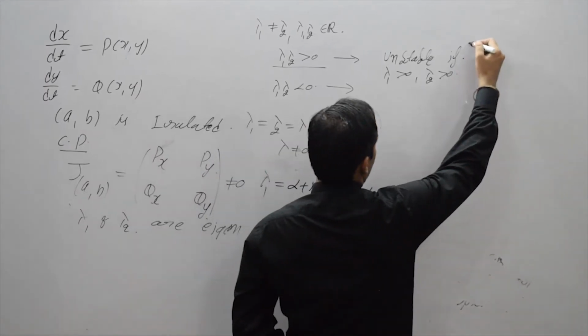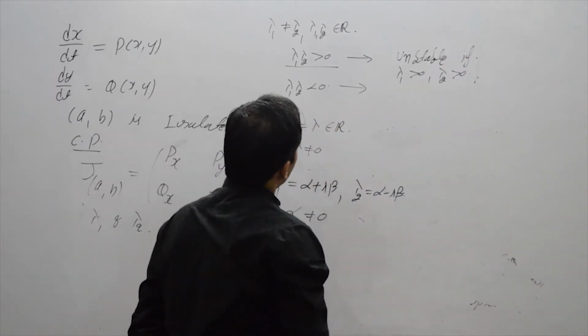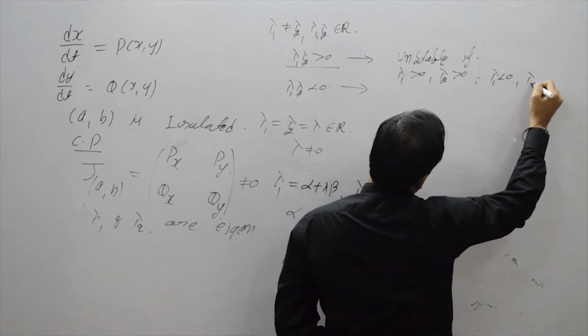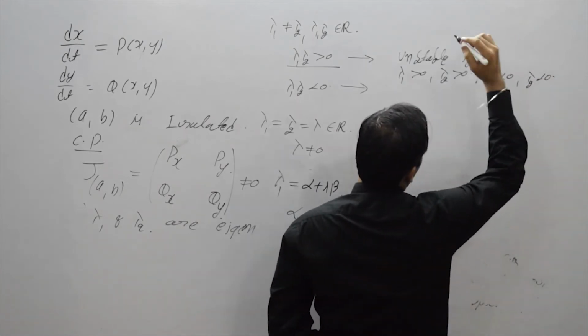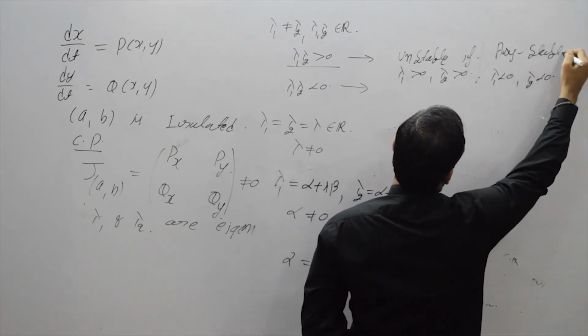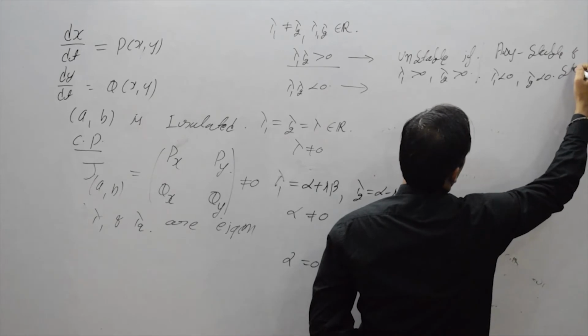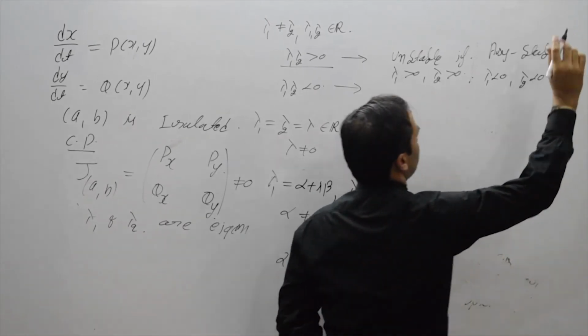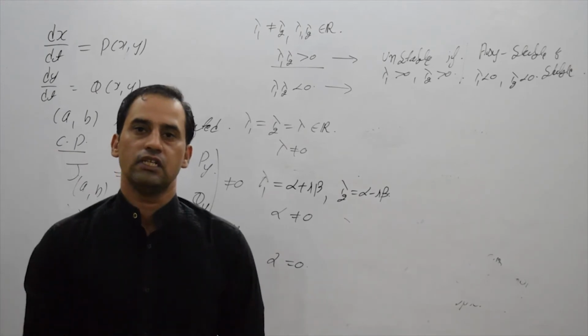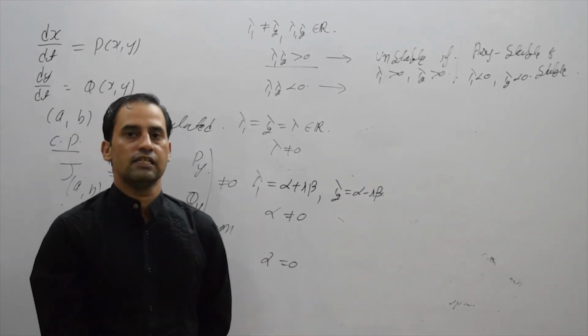And whenever roots are less than 0, the critical point is asymptotically stable and stable. So when both roots are less than 0, the critical point is asymptotically stable as well as stable.